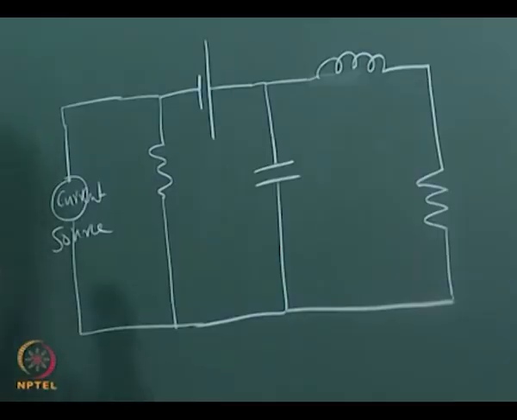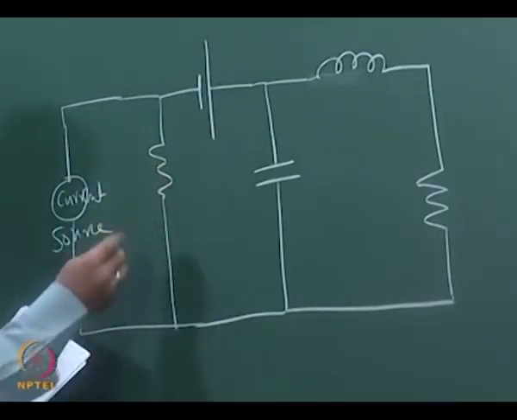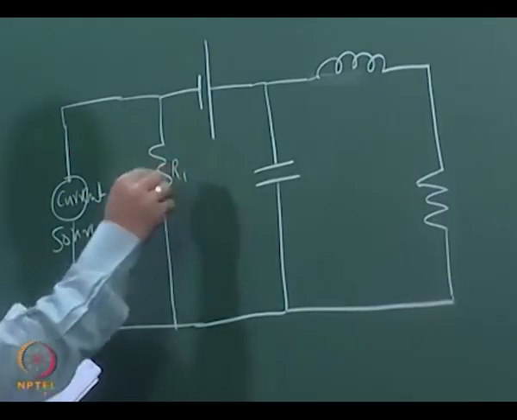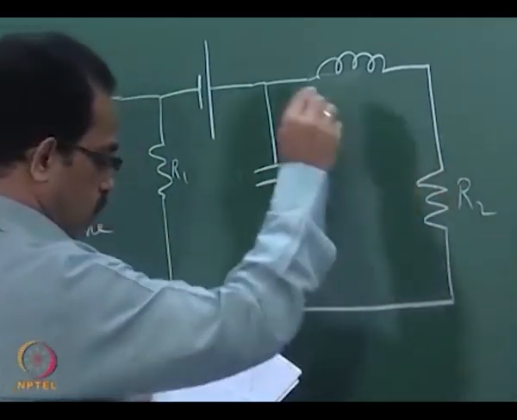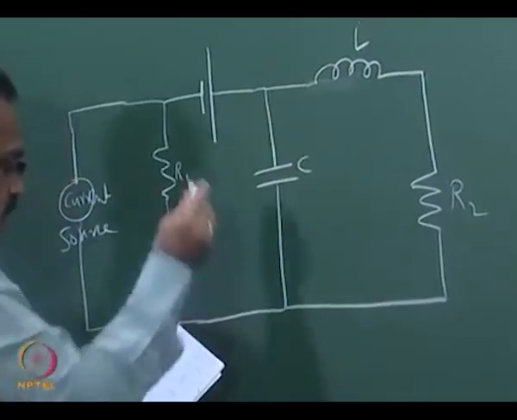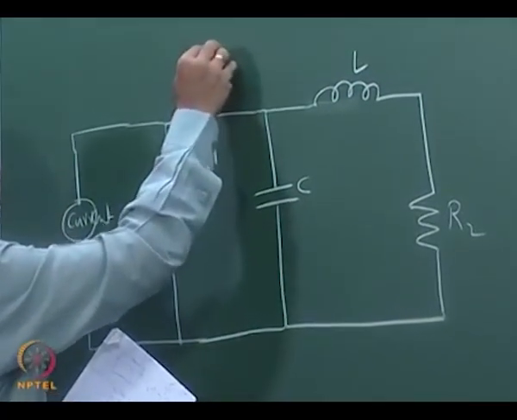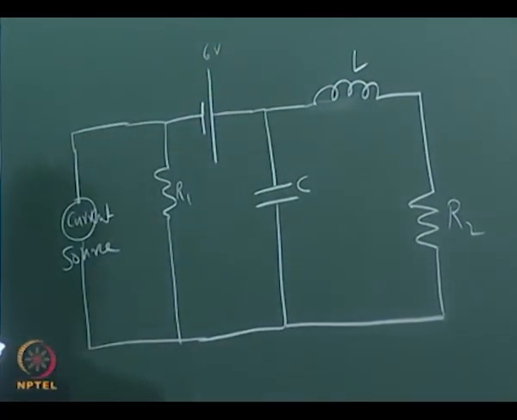There is a current source and a resistance, I will put it as R1, this is C, this is R2, this is an inductance L, and there is a voltage source.